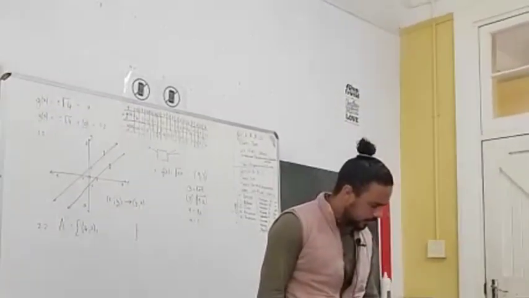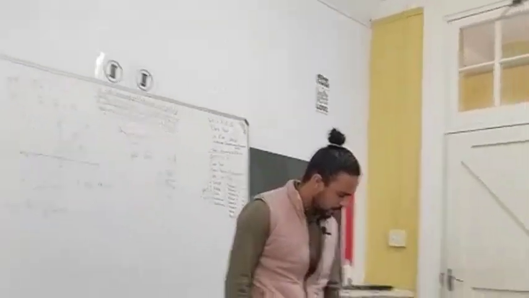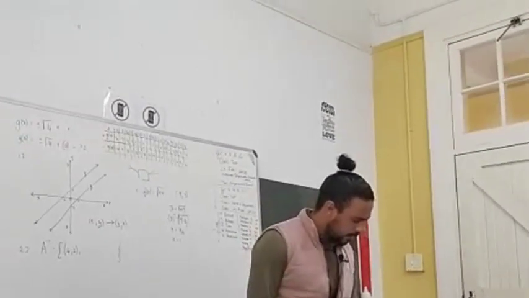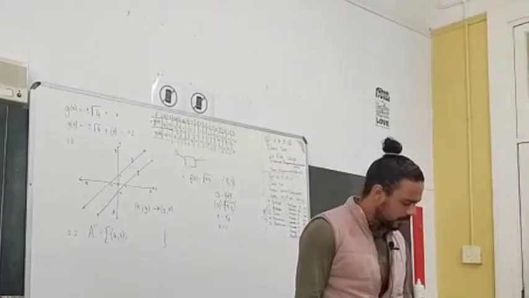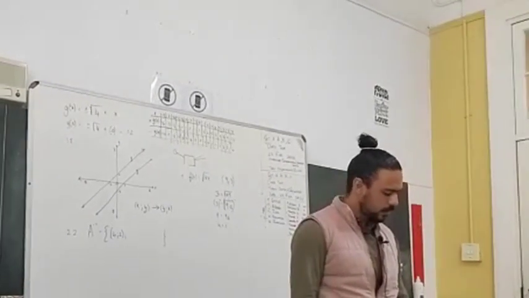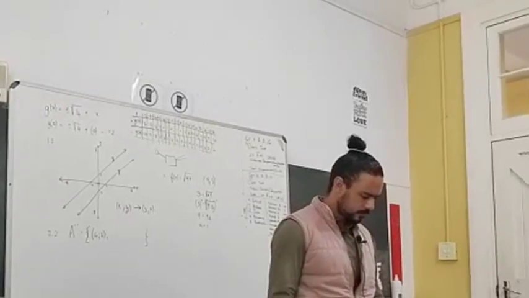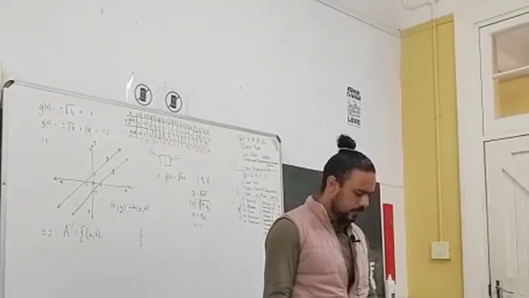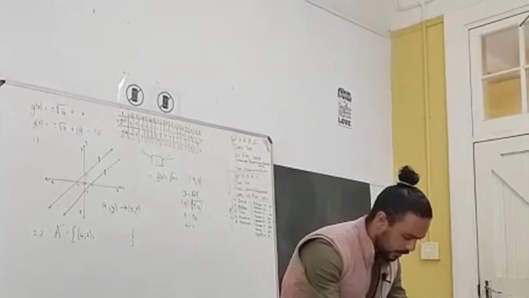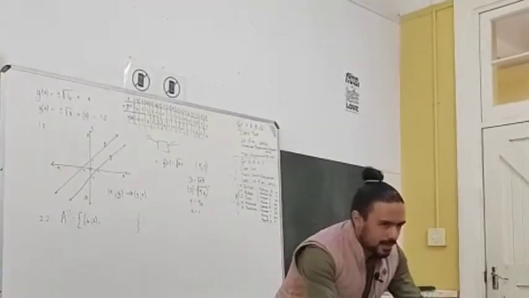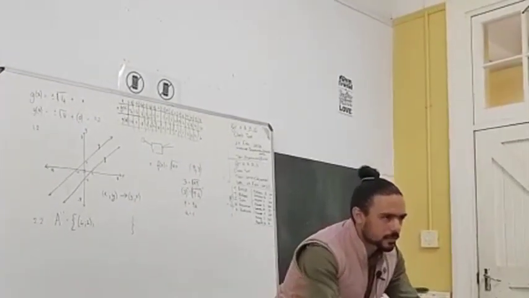Now they ask, we already calculated the value of a is equal to 1. Now they ask if f of x is greater or equal to 0, for which values of x will it exist? Yes, we can substitute, but can we have a negative under the square root?